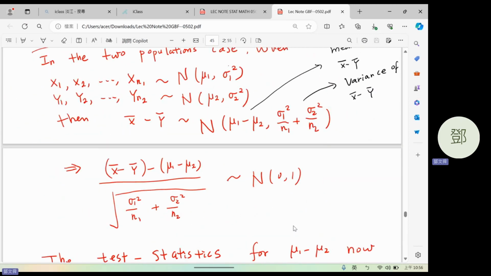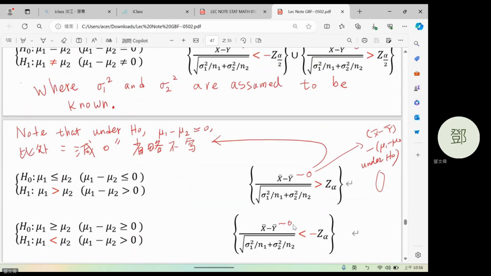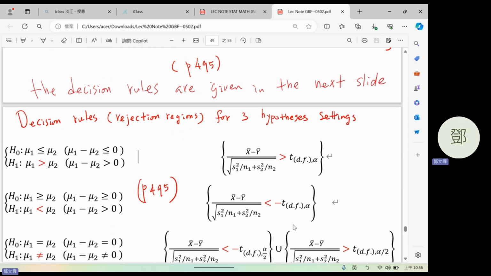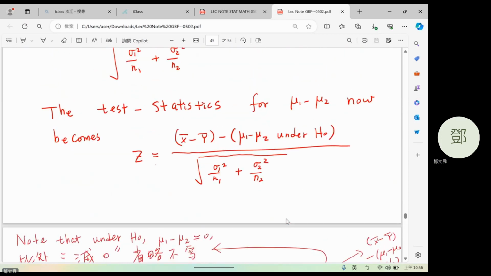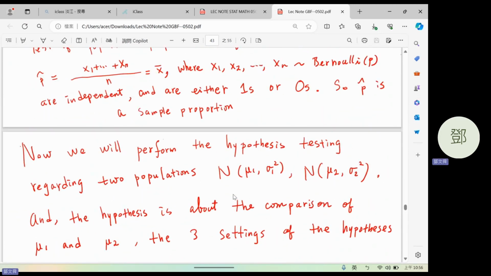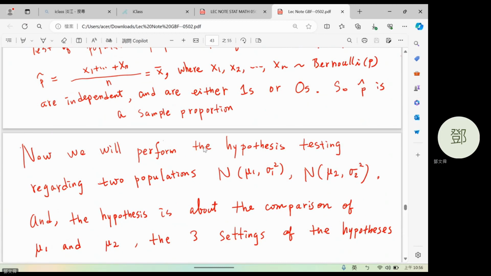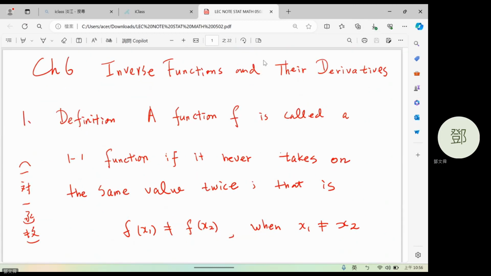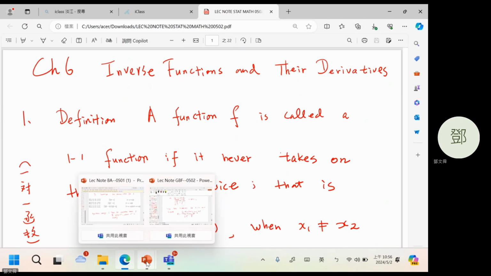No more circle. Okay, no more circle. Then what happened?